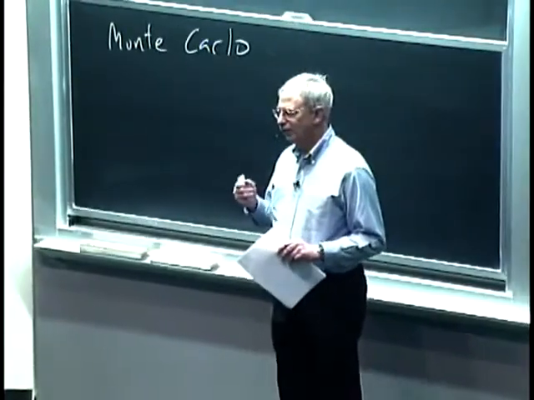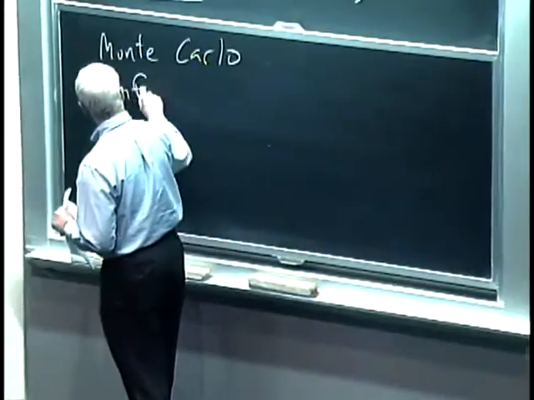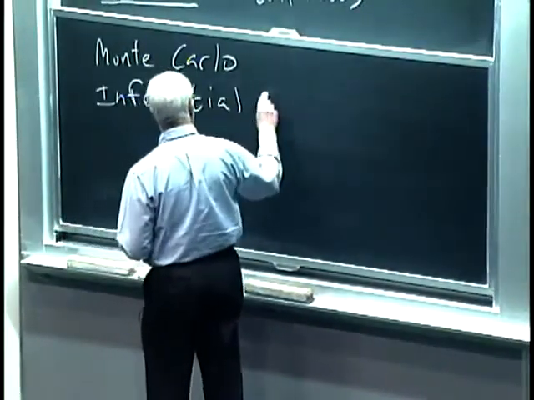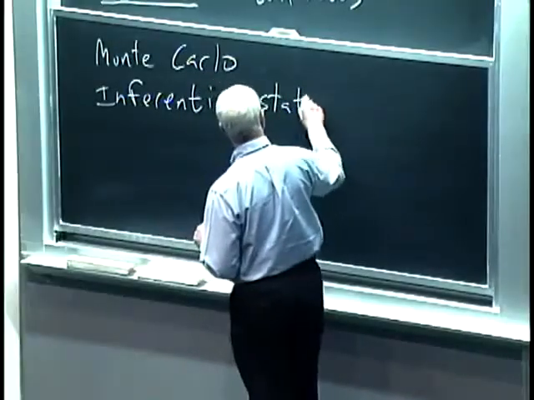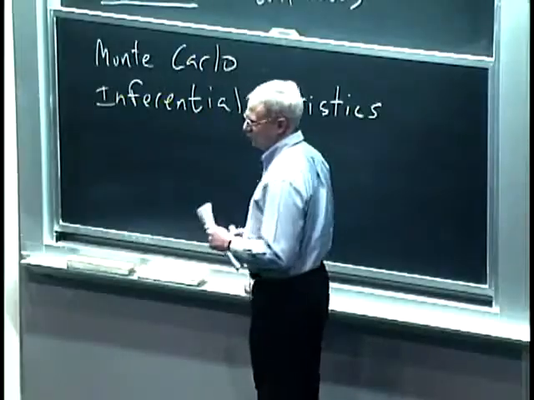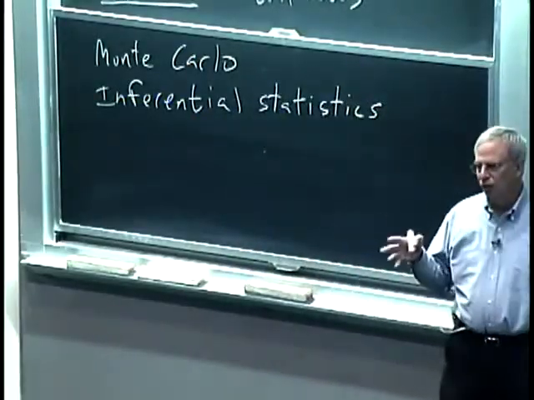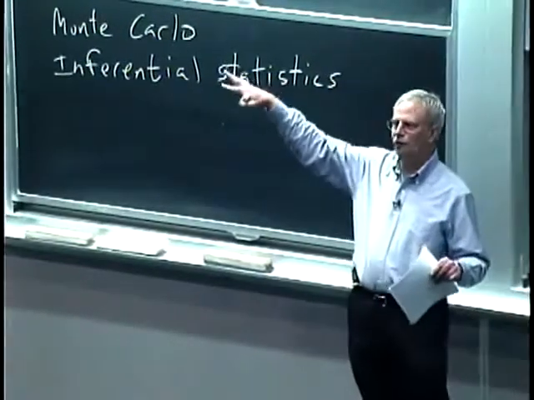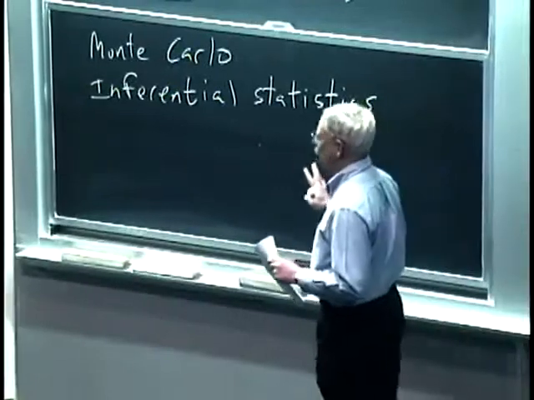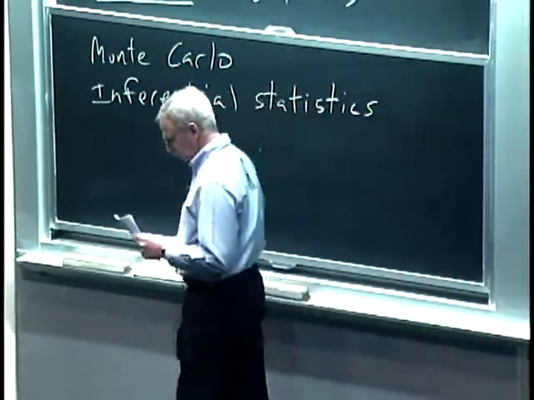In some sense, I won't go into a lot of the math, but I would like to get some concepts across. This is an application of what are called inferential statistics. You have some sample size, some number of points, and from that you try to infer something more general. We always depend upon one property when we do this.